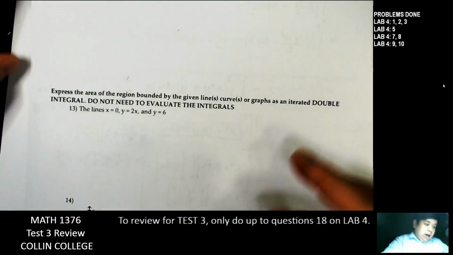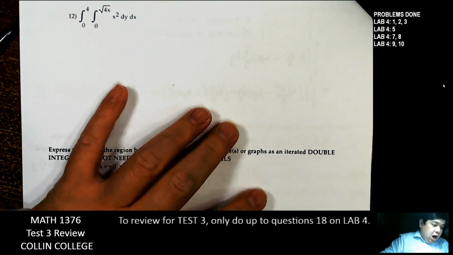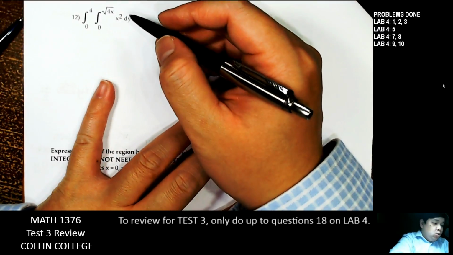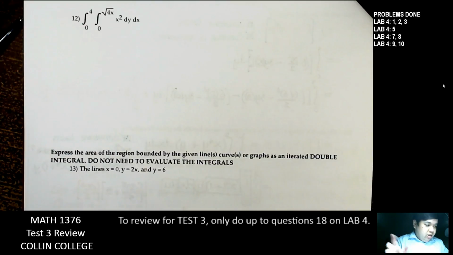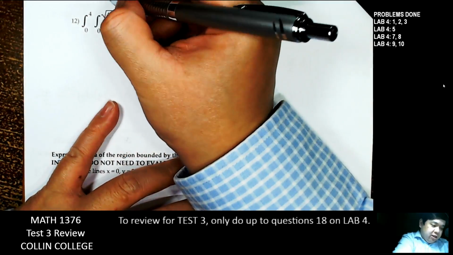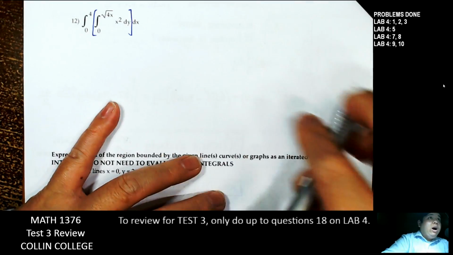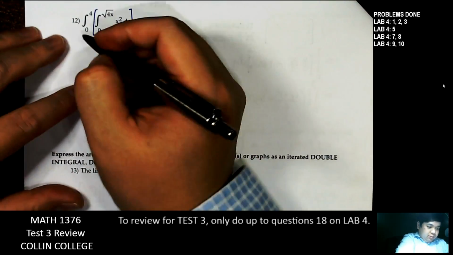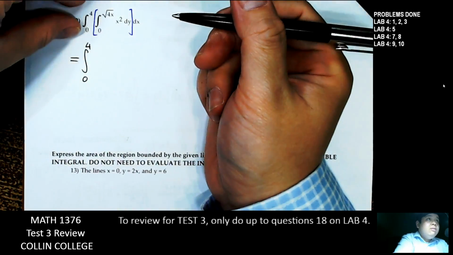Right. So I want to set up the next one as well. This one, even though the function is x squared, the limits are not constant, so the Fubini theorem, out of the window, cannot use that at all. Now take a look inside. We will have y inside.